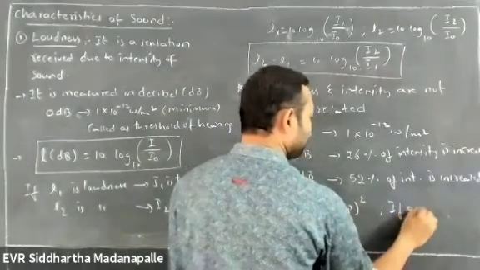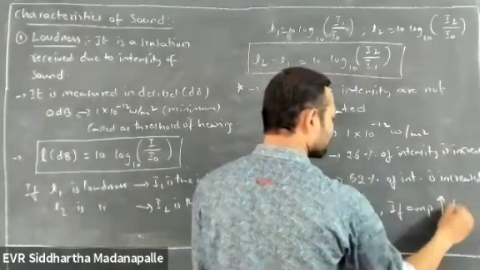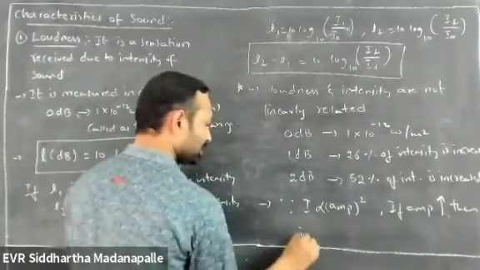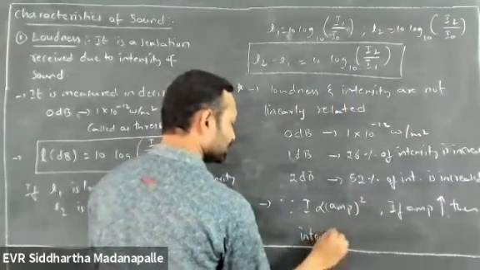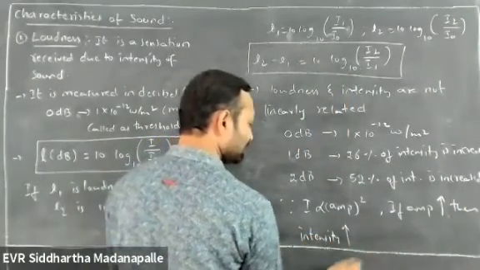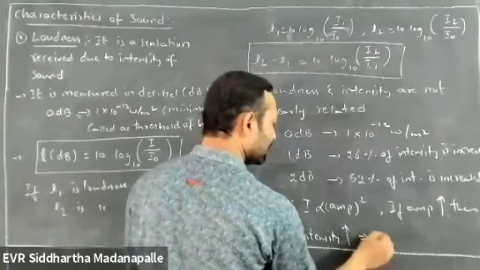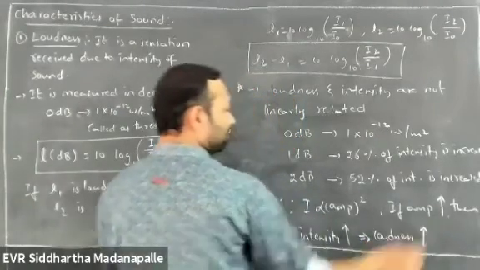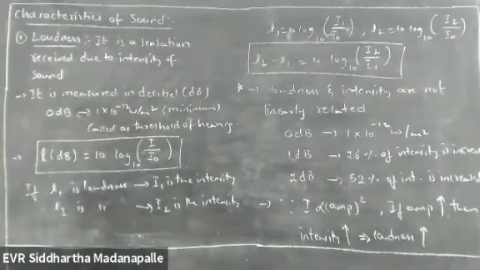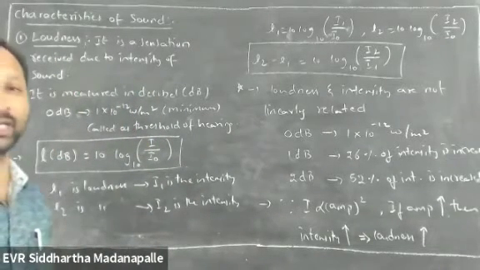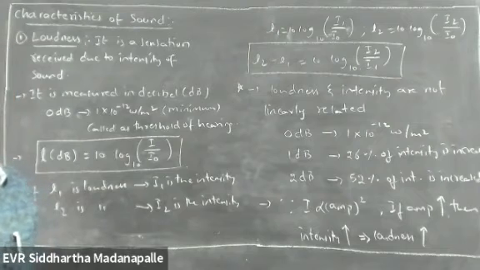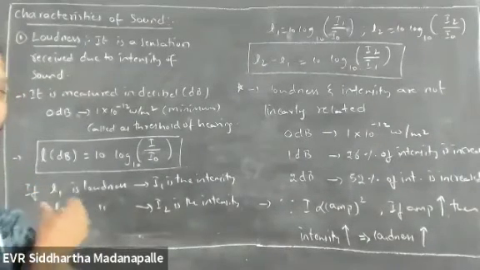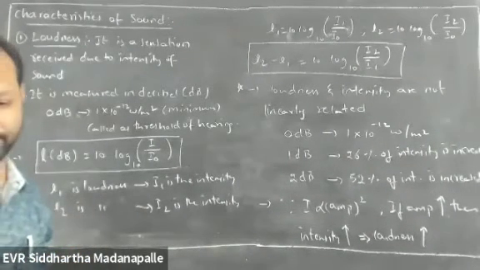If amplitude increases, then intensity also increases. If intensity increases, then loudness also increases. Suppose there are two sounds which have the same amplitude, then it indicates that the two sounds have the same loudness.